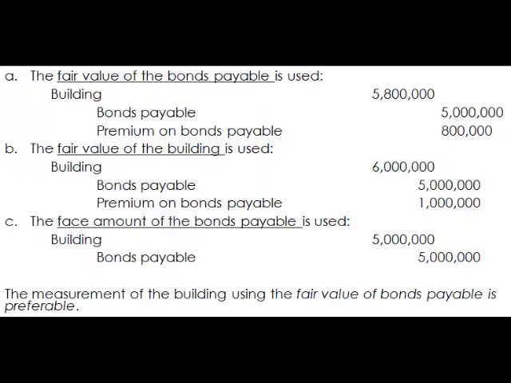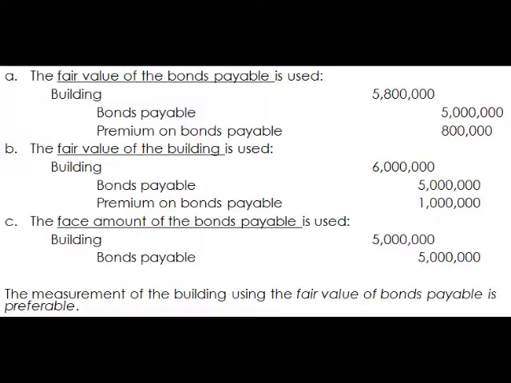So in the example, we debited building with the amount of 6 million as this is the fair value of the building, the fixed asset, and crediting the bonds payable with 5 million pesos and crediting to premium on bonds payable account the residual amount of 1 million pesos. If the fair value of the liability and the fair value of the fixed asset acquired are all not given, the face amount of the liability shall be used.